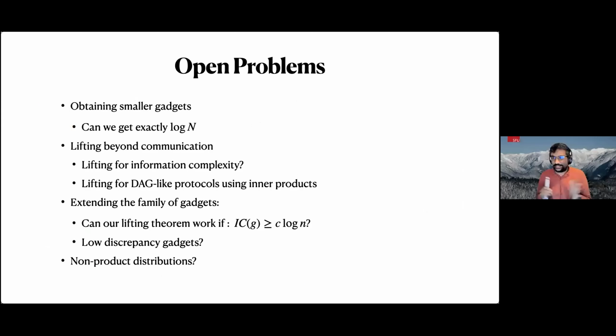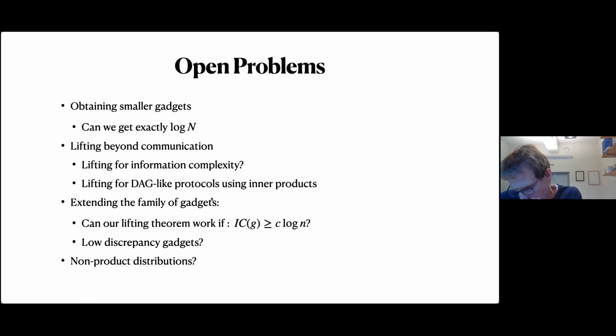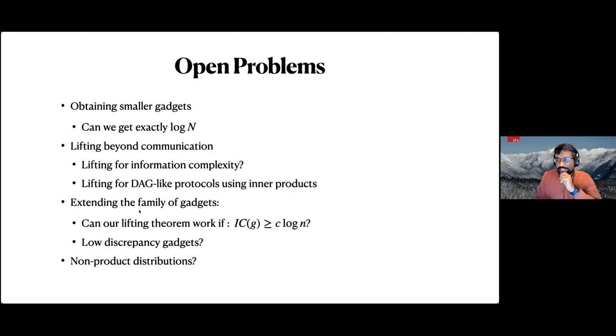There are some really interesting open problems from this direction. One obvious question is to get gadgets of smaller size. In particular, an interesting question is to see if we can get gadgets of size exactly log n.